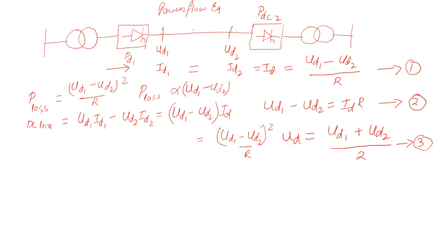That's why people thought about this, and what they decided is, from equation number 2, you can write UD1 is equal to UD2 plus ID into R, right?